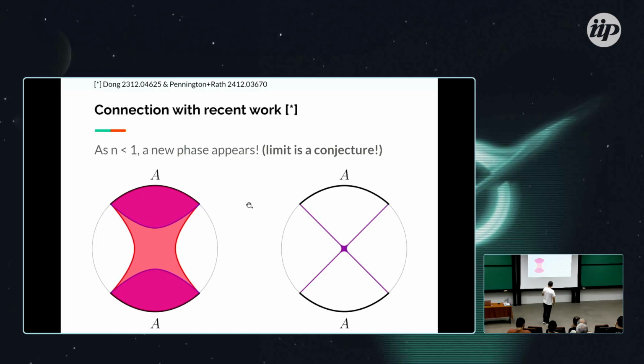He expanded the reduced density matrix in a fixed area expansion. It is a completely different approach from ours.